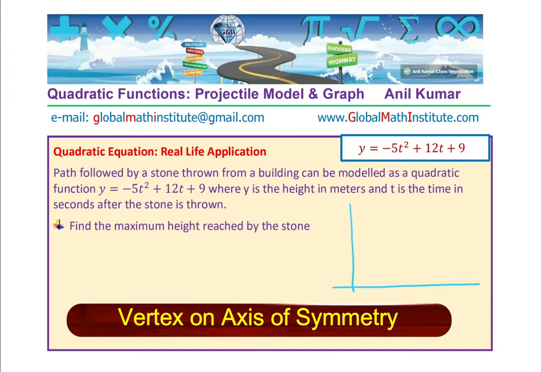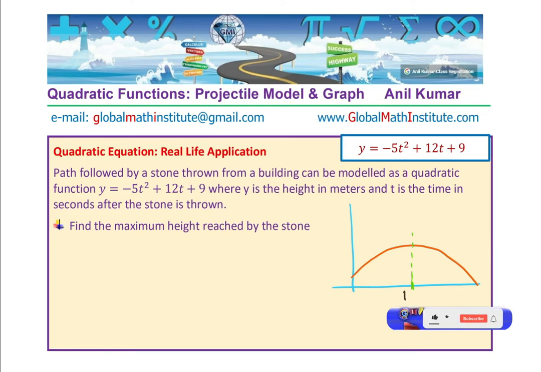I'm again drawing this diagram so that you really understand what we are doing. So we figure out this parameter, this value of t, which is 1.2 seconds. Now we need to find what is this maximum height, that is the value of y.